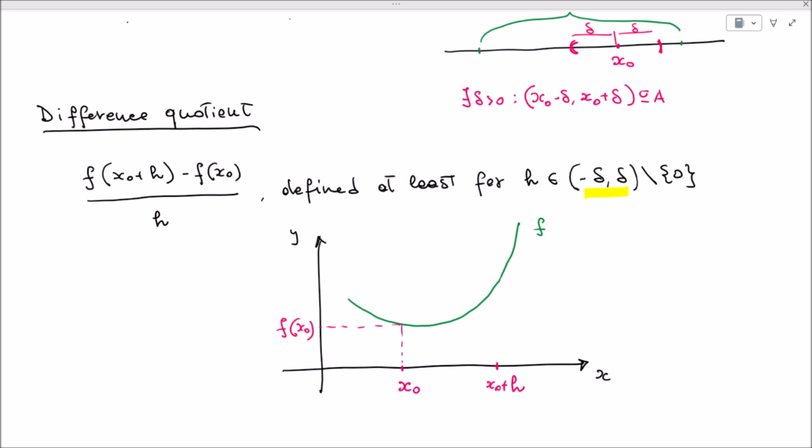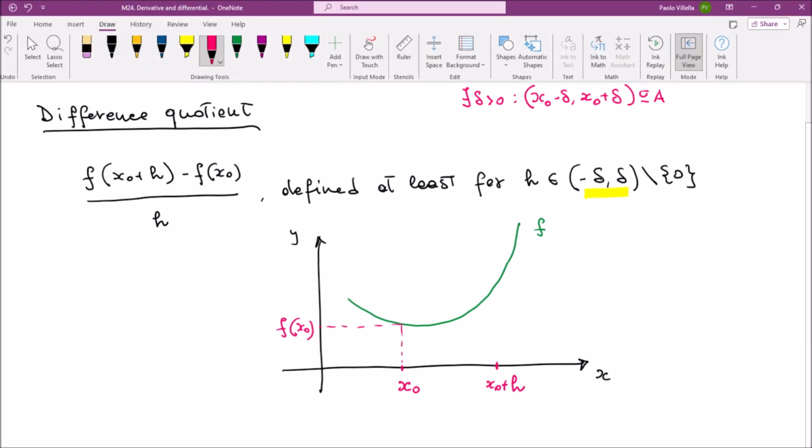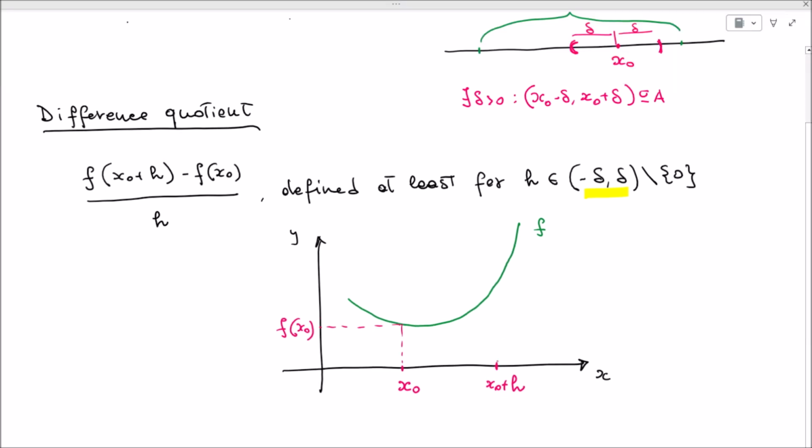So we are sure now that this point x naught plus h belongs to the definition set. Now this will be f of x naught plus h.